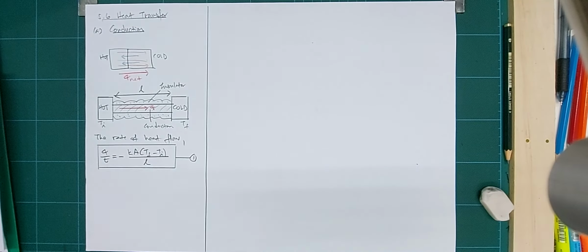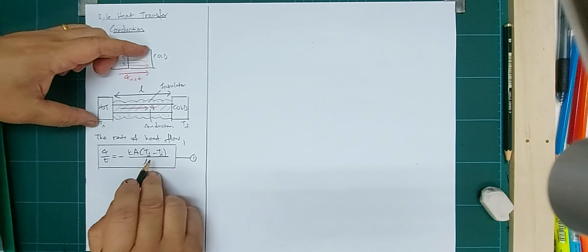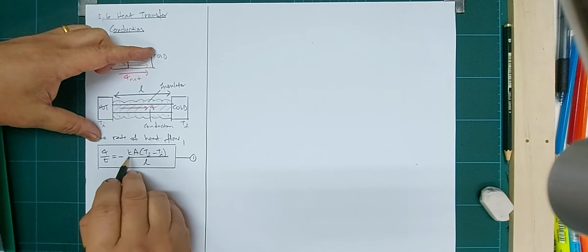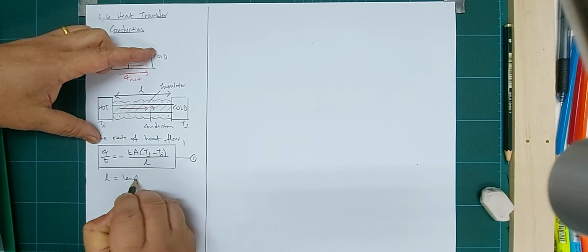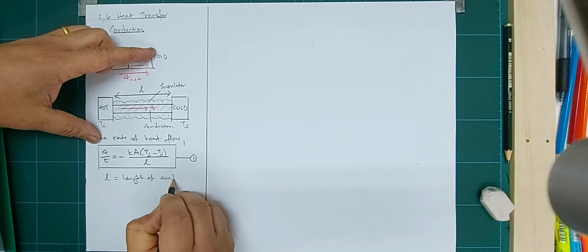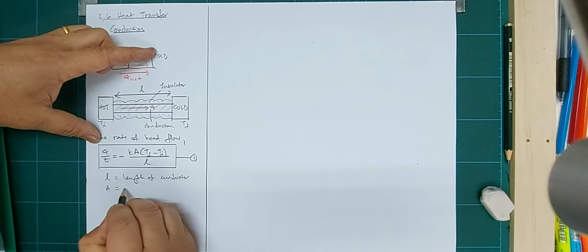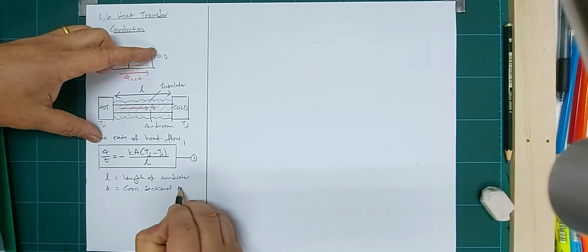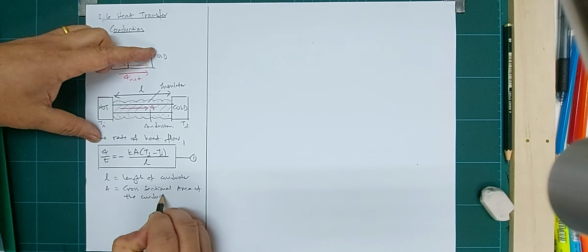Now what is A? We look at them one by one. Temperature you already know, the rate of heat flow you already know. Now we need three more things: k, A, and L. L is the length of the conductor, and A is the cross-sectional area of the conductor.